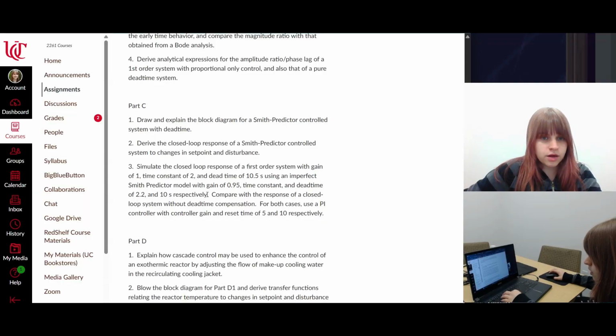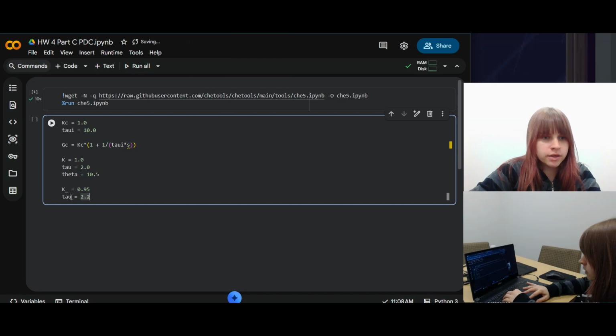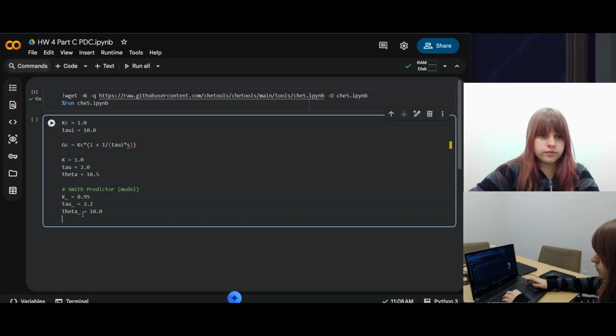And our dead time is 10 for our Smith predictor. I need to put the underscore. So our theta underscore is 10.